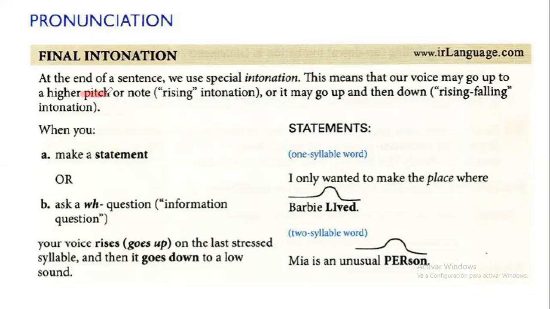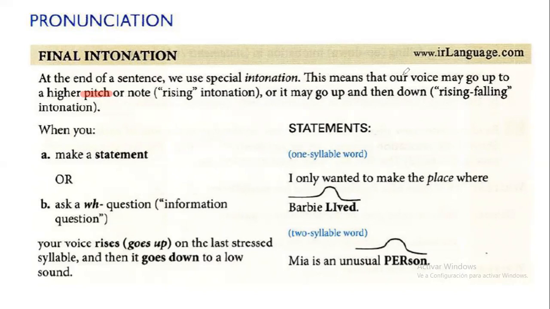I'm just going to mark it. Pitch refers to the tone that we use when we speak. It's not the same if I say "what," than if I say "what," or if I say "what." Those are three different pitches or tones, and we use them in different circumstances depending on what we mean, right?